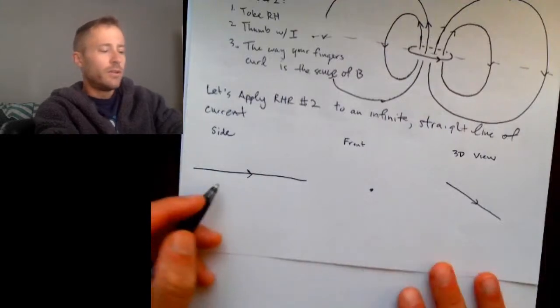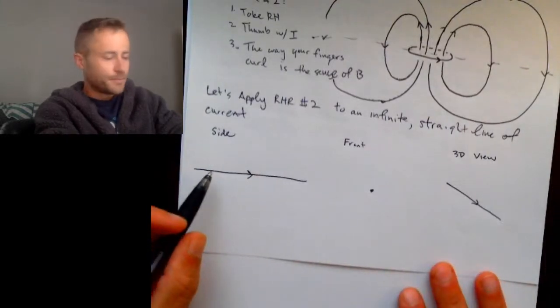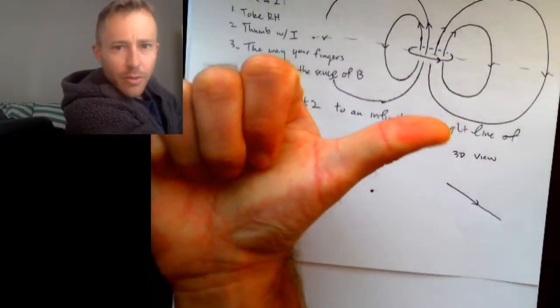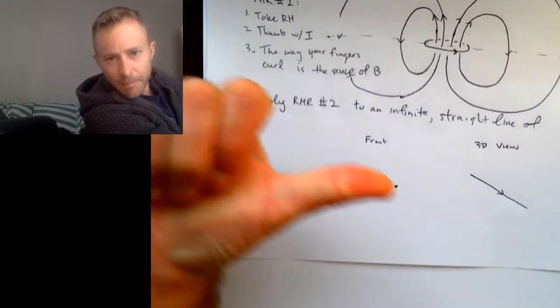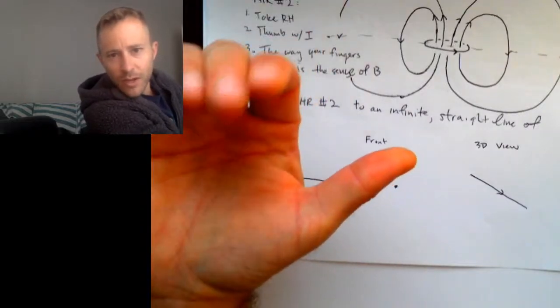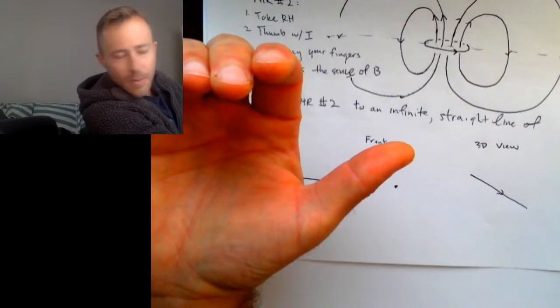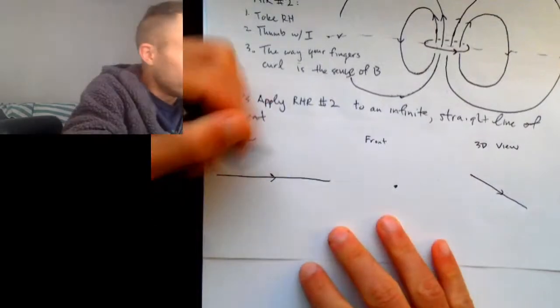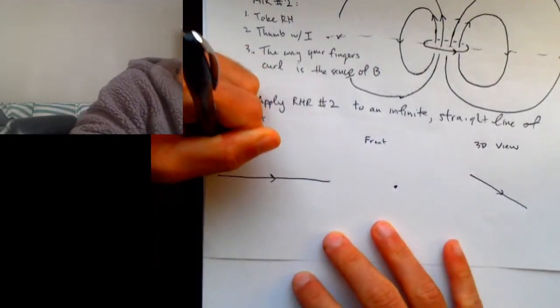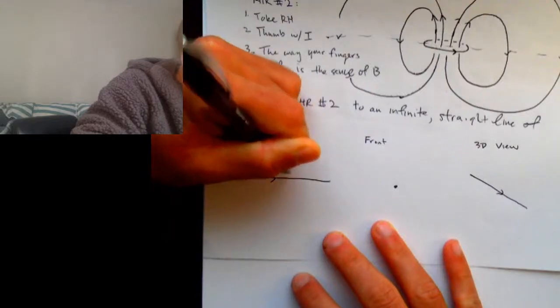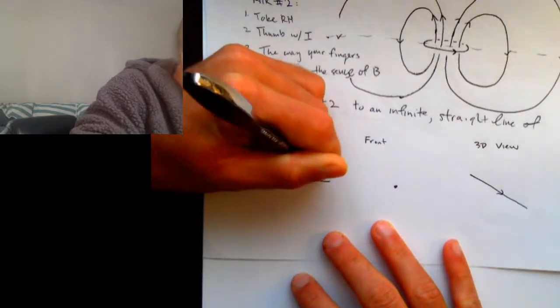So if we use right-hand rule number 2, from the side view, I put my right thumb in the direction of the current. You can see that my fingers are curling towards the camera, above the wire. So the magnetic field is going to be pointing out of the page.